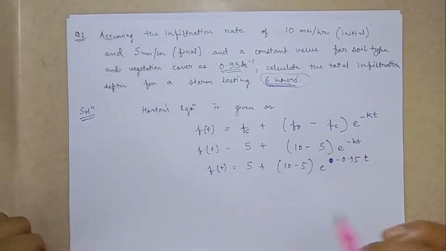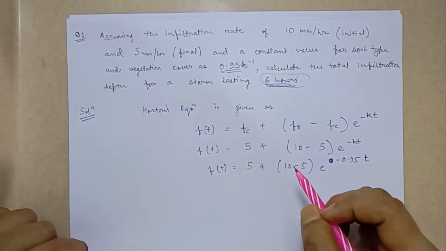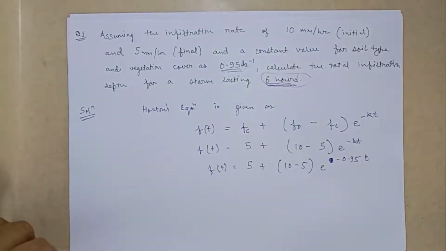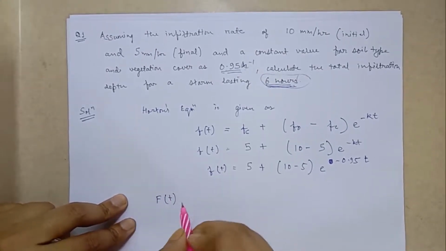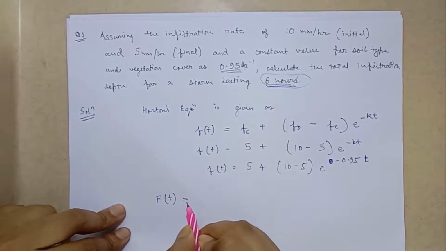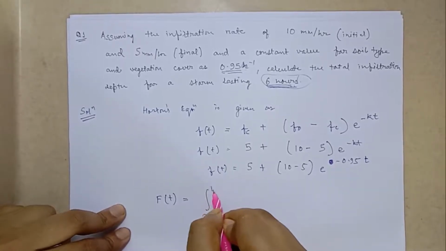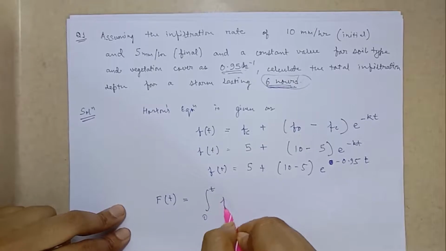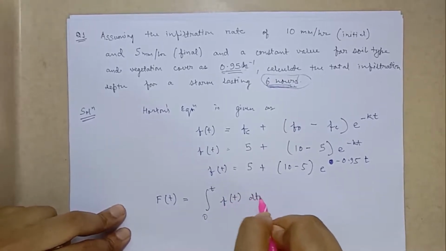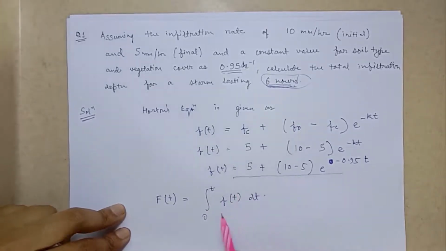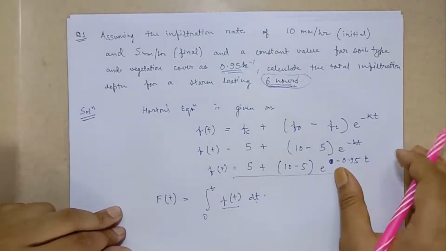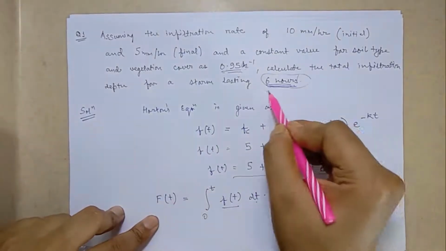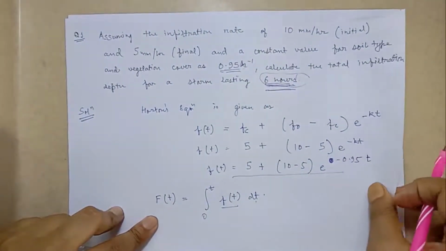We know the cumulative infiltration equation: capital F_t is equal to the integral from 0 to t of small f_t dt. We can put this equation in terms of t from 0 to 6 to calculate capital F_t for a storm of 6 hours. Okay, let's do this.